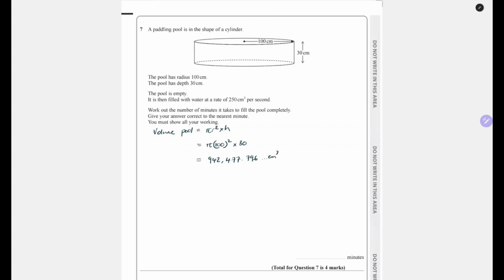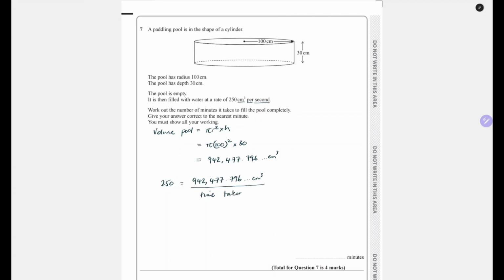Now, we're told that it's filled at a rate of 250 centimeters cubed per second. So 250 is equal to the volume at the top, which is 942,477.796, over, because per means divide, second, so time taken at the bottom.